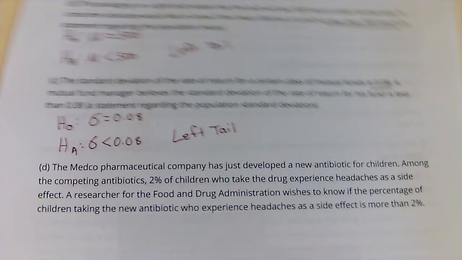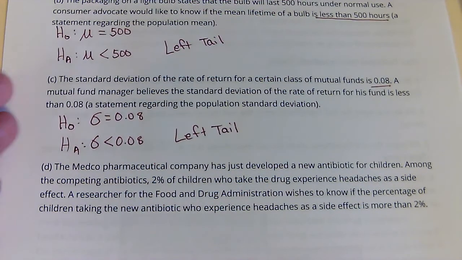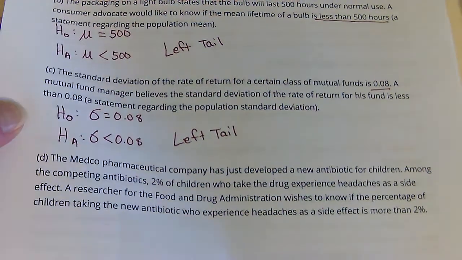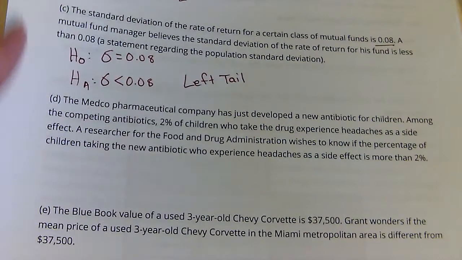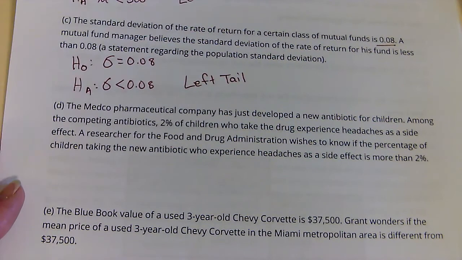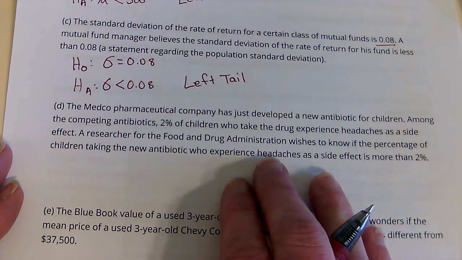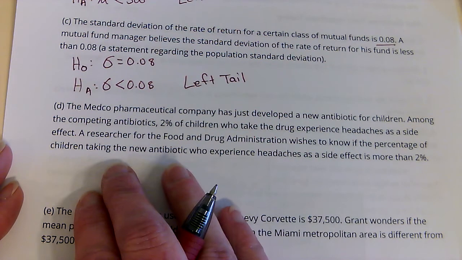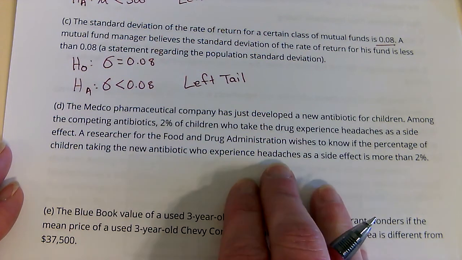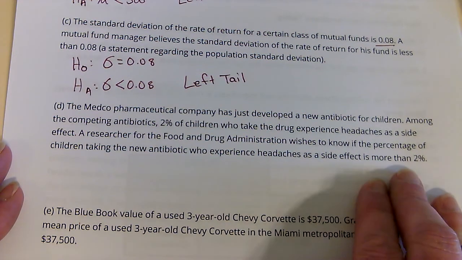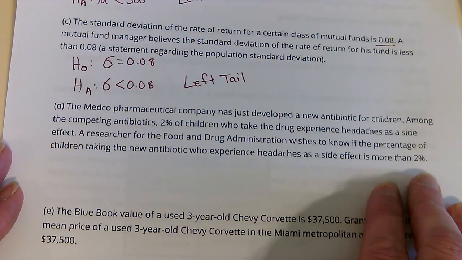The Medco pharmaceutical company has just developed a new antibiotic for children. Among the competing antibiotics, 2% of children who take the drug experience headaches as a side effect. A researcher for the Food and Drug Administration wishes to know if the percentage of children taking the new antibiotic who experience headaches as a side effect is more than 2%.